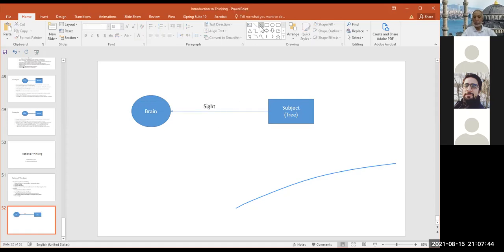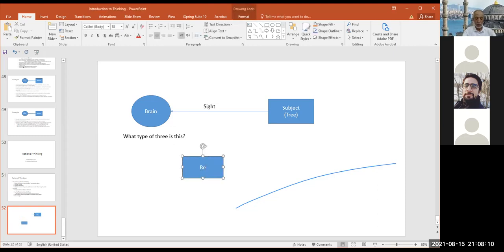And the question about the subject here is: what type of tree is this? Now my brain starts, I would say here, to retrieve information.